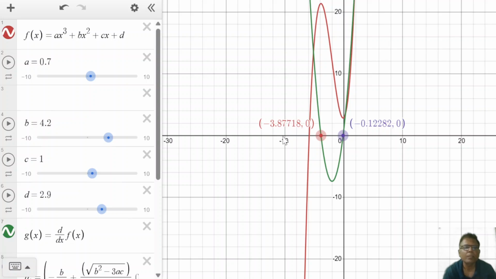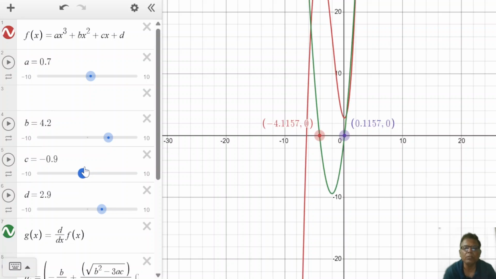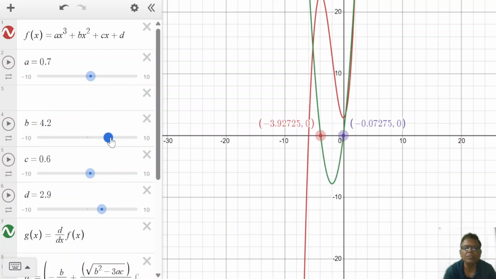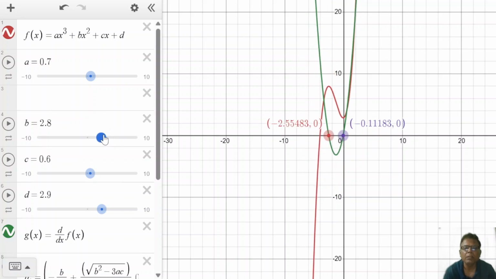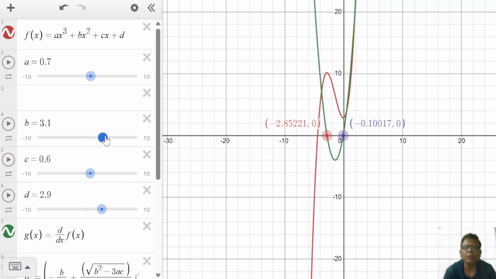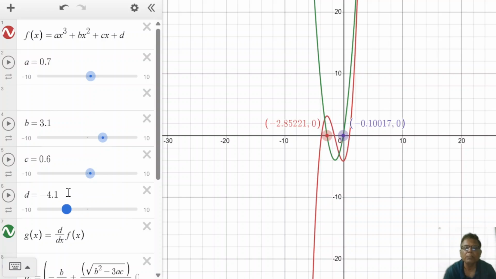And suppose the maxima is positive and the minima is negative, then there will be three roots. One, two, three.